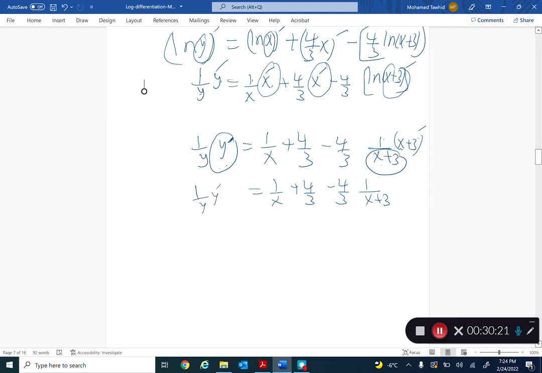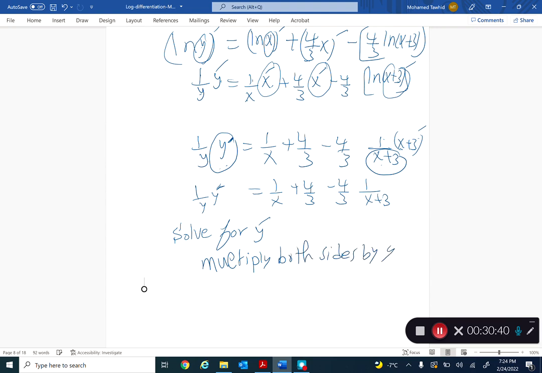So now what is the last step? The next step is to solve for y prime. What I need to do is multiply both sides by y.